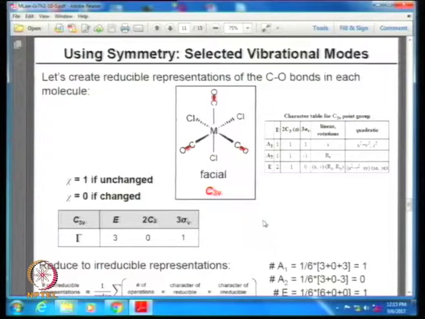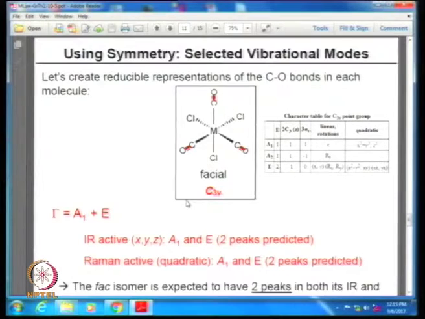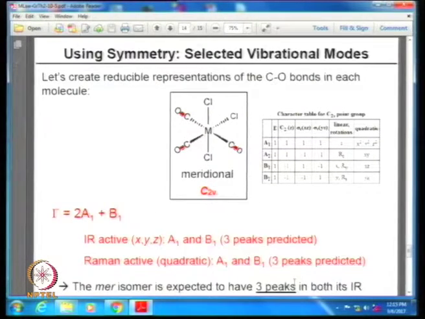So therefore the weightages of the various symmetry classes will reduce differently between the two, and from that you can see that the FAC isomer is expected to have 2 peaks in both its IR and Raman, whereas the other one, which is only C2V, has 3 peaks in both.